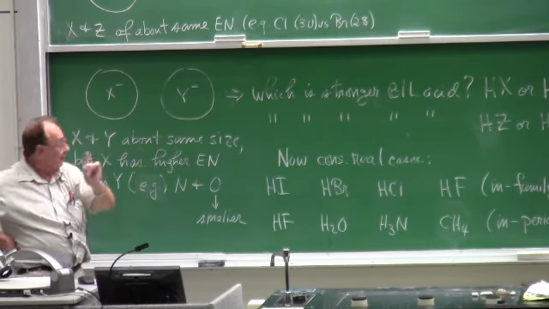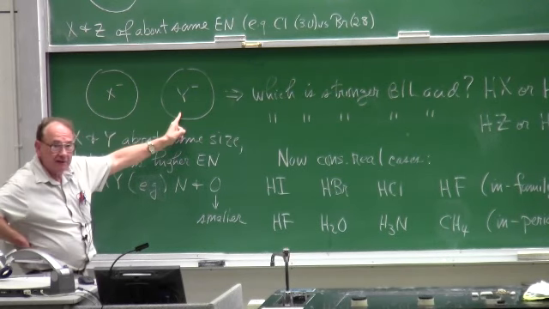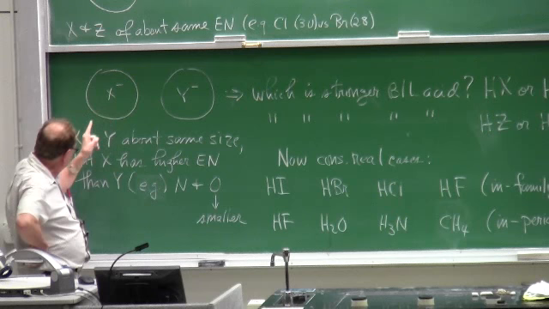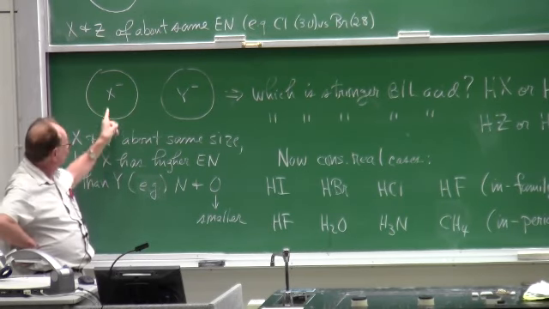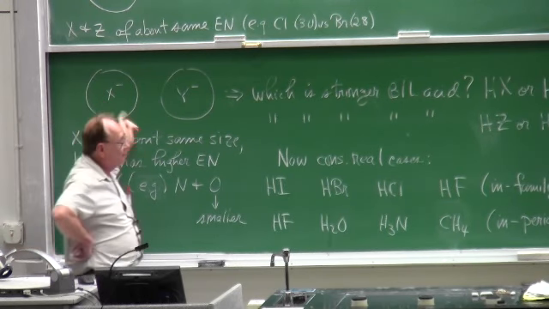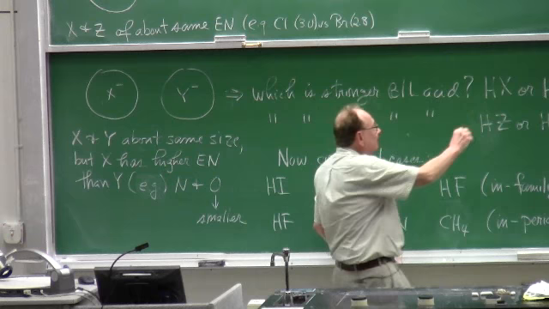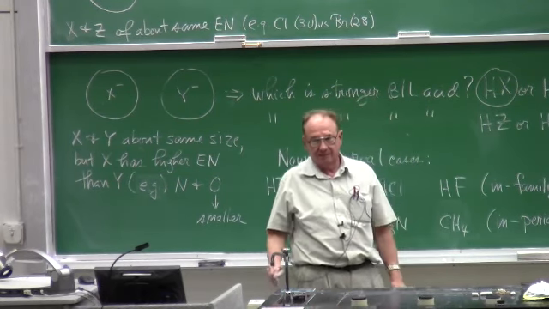But electronegativity, this species stabilizes negative charge density much more effectively than this species, because this species is derived from this atom, which is much more electronegative than this atom. That means this is the less reactive, more stable base, which means HX is stronger than HY.